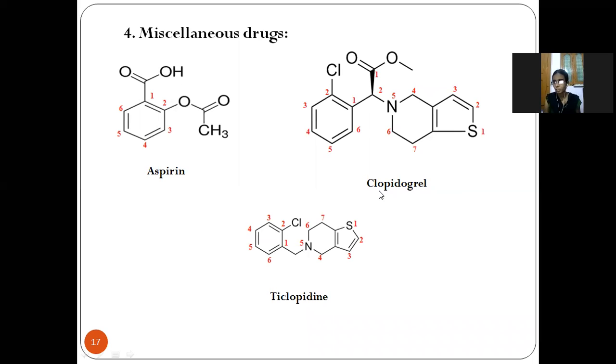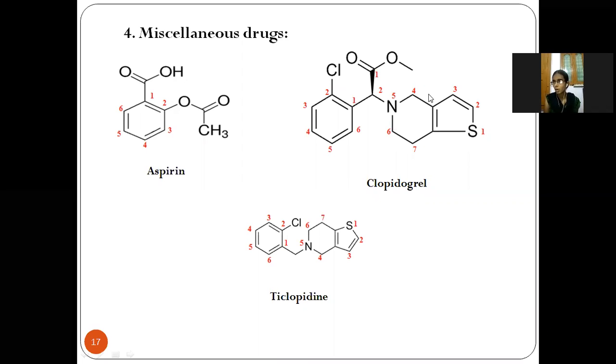Next drug is clopidogrel. See here clopidogrel, and if you see the structure, this is the structure of the thiopyridine. So thio means sulfur, and this is the structure of the pyridine.